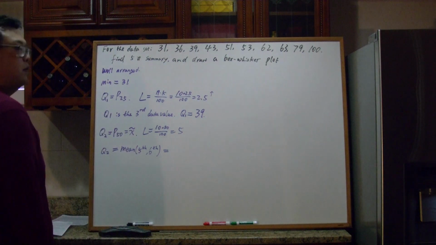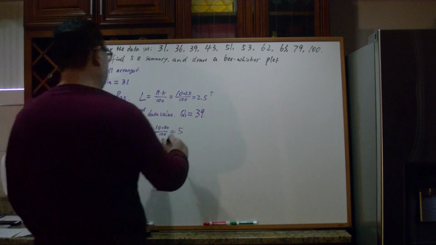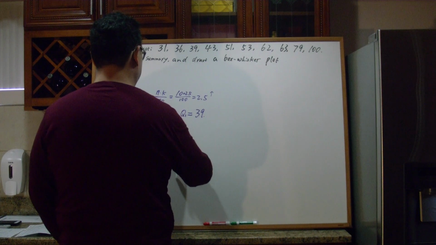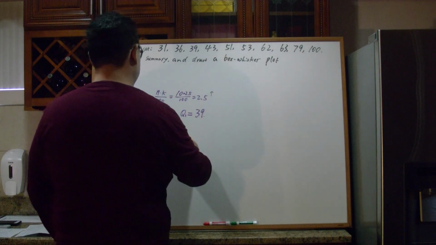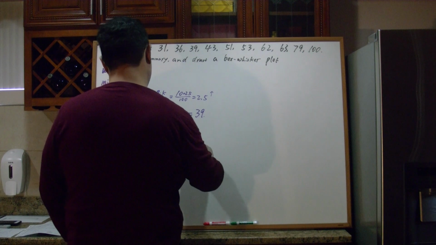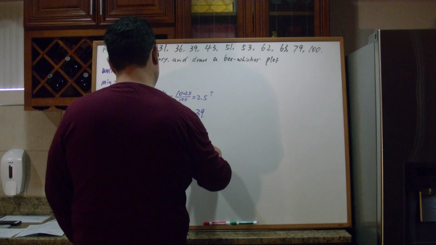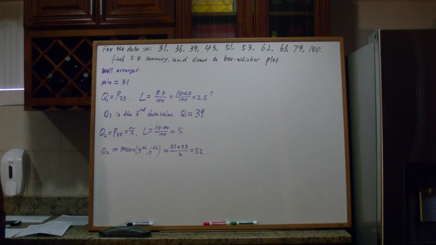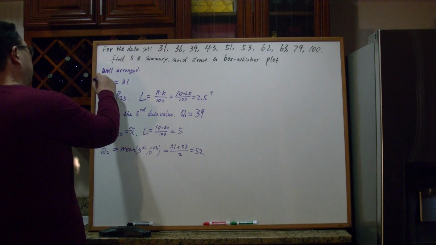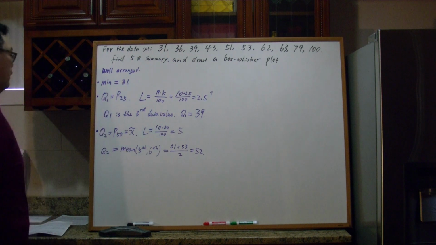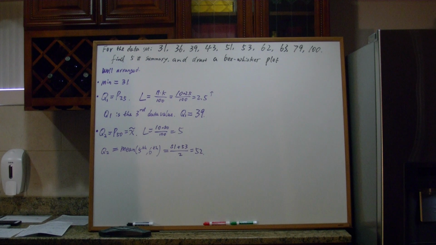The median is the middle of the two, 51 plus 53 over 2, which gives 52.